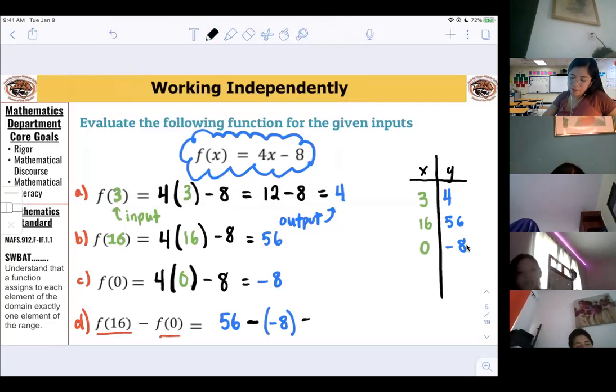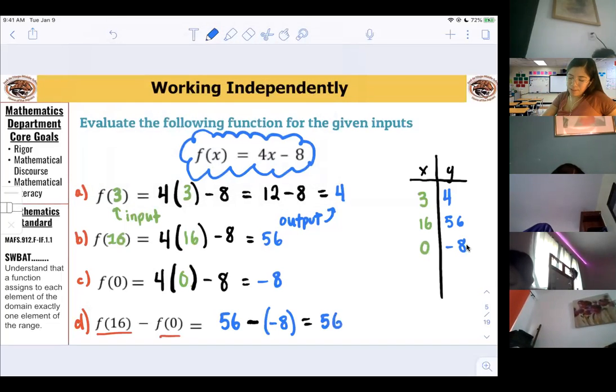So I'm doing 56 minus negative 8. Now, I have two negatives. What do two negatives make? A positive. If I'm subtracting a negative, that's a double negative. I forgot how that works, but that's okay.